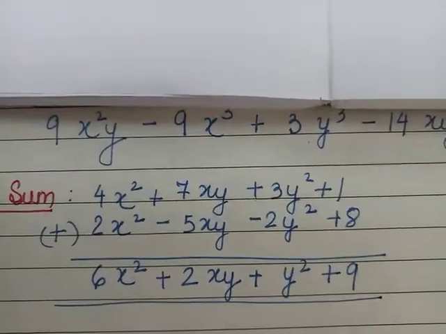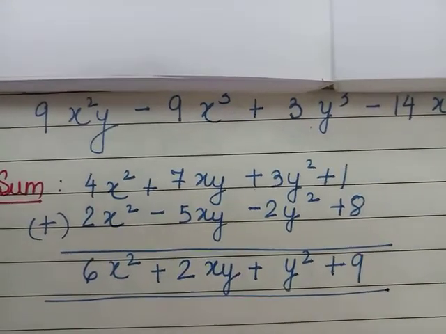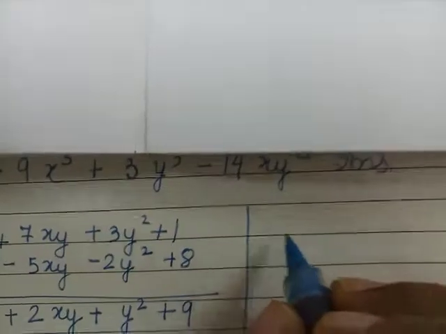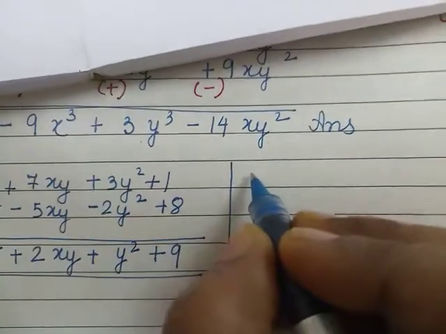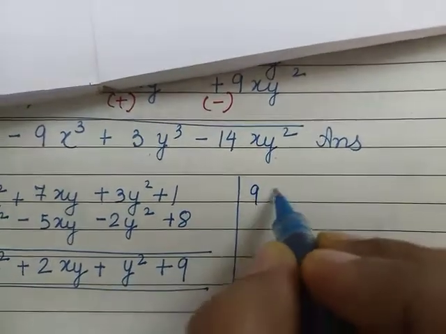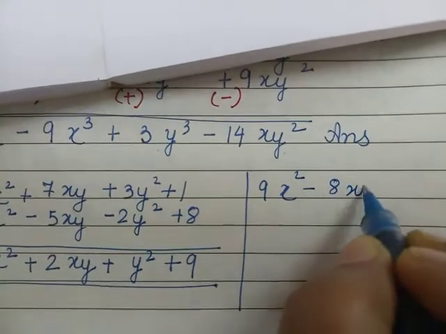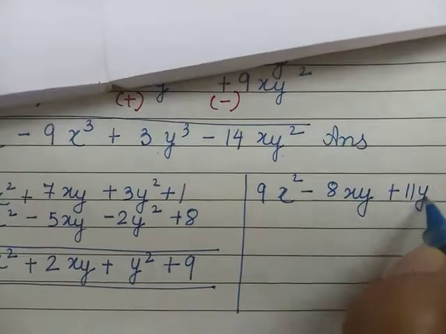And this sum is to be subtracted from 9x square minus 8xy plus y square. So now we subtract. I am writing the from part. Whatever is given in the from part: 9x square minus 8xy plus 11y square.